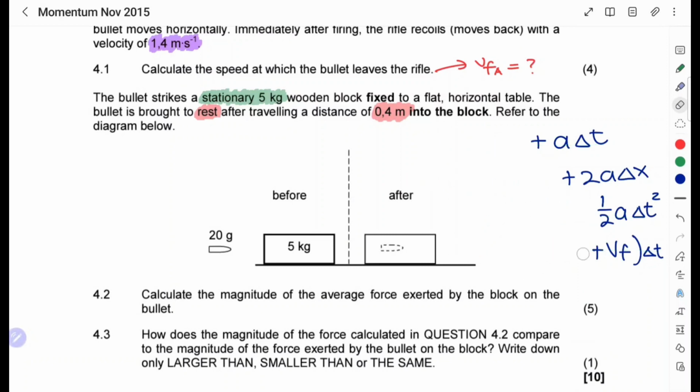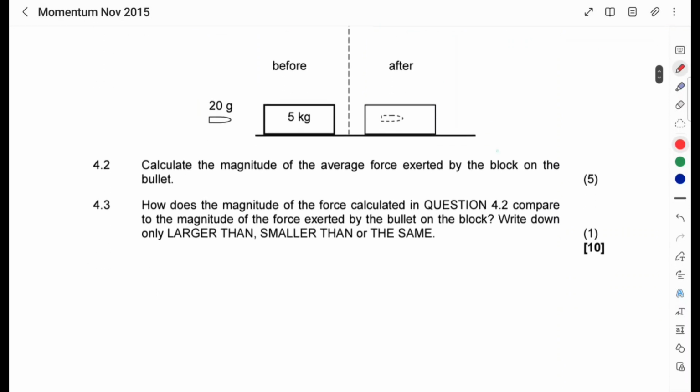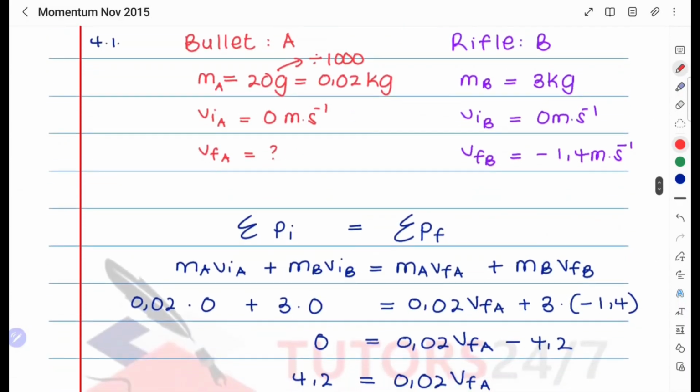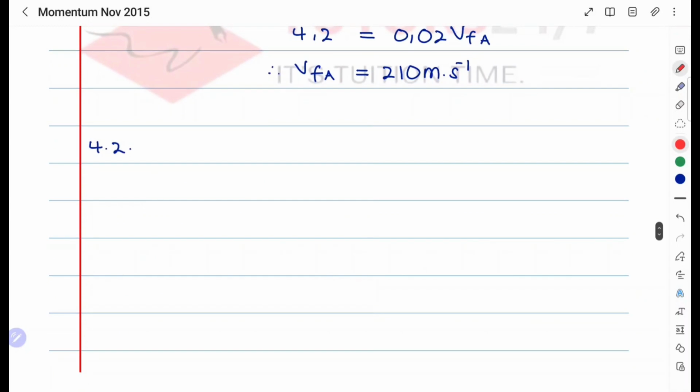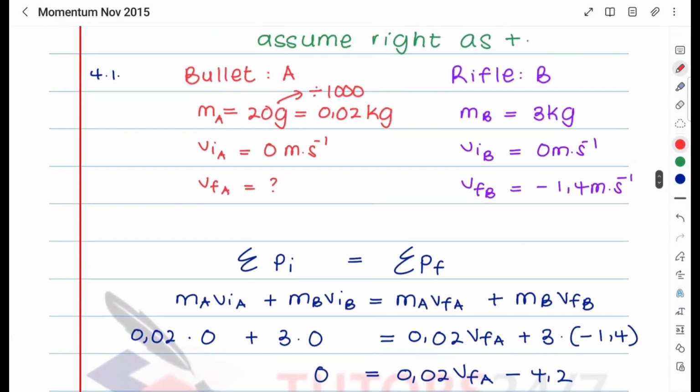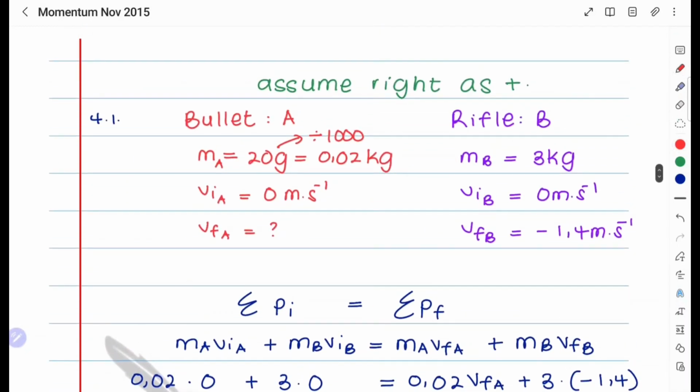Now, let us make a note of all of the known values, and then we will try to calculate the average force. So let's make a note that we are trying to calculate F net. Now, from here, we know that the mass of the bullet is 0.02 kgs.